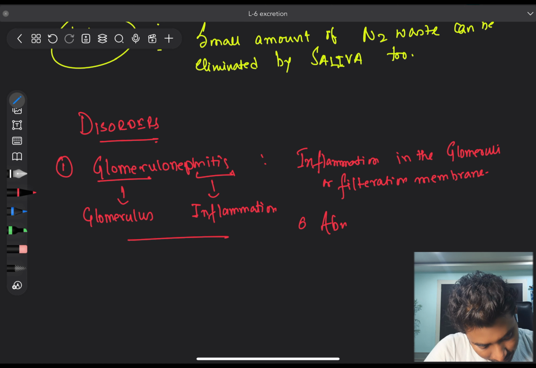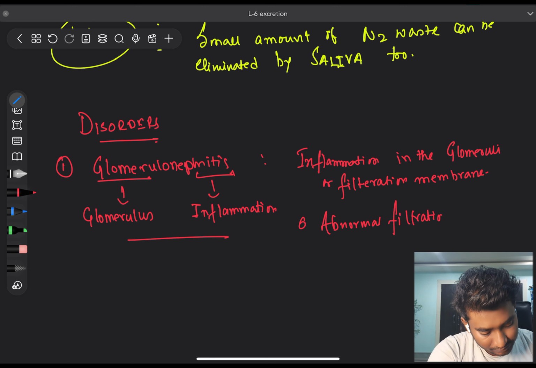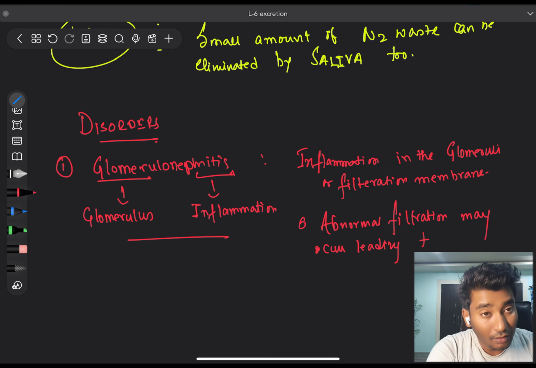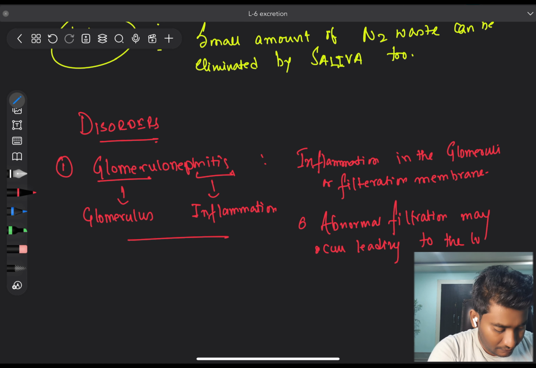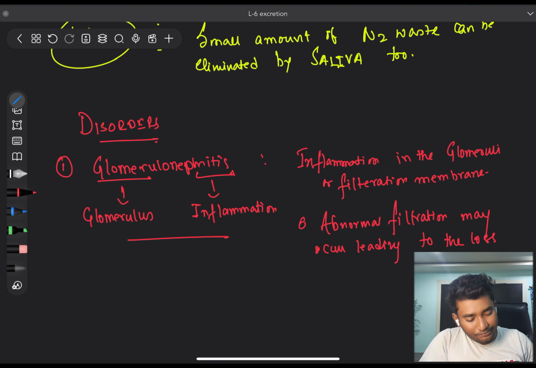What happens? Abnormal filtration may occur, leading to the loss of useful substances like protein via urine.